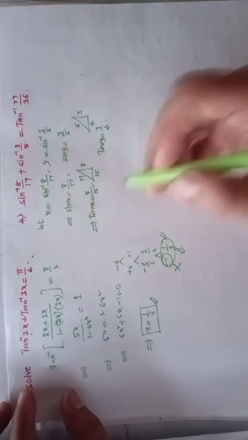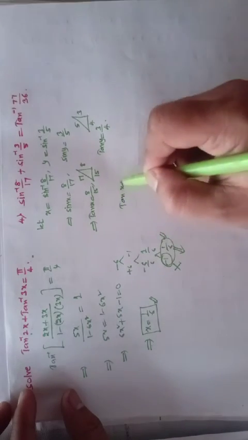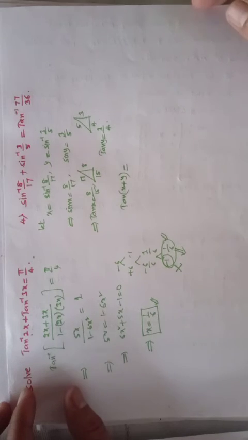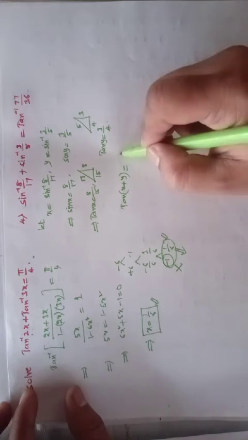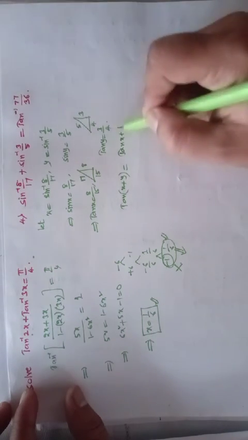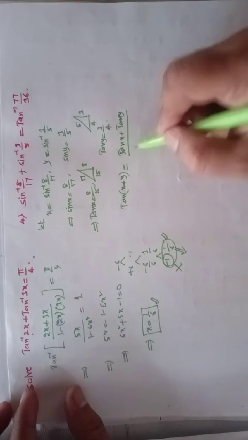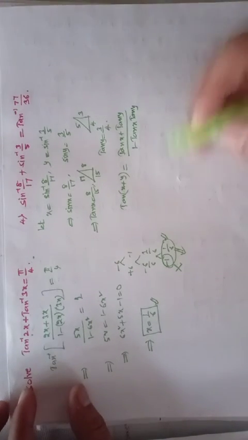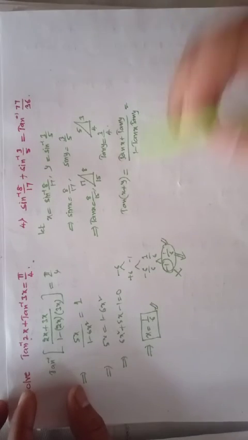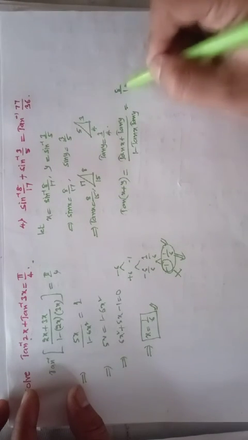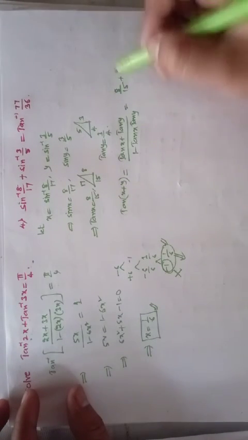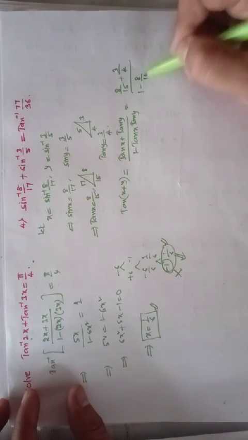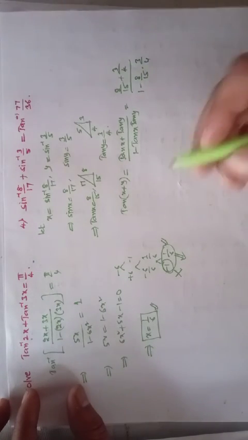Then write tan of x plus y, which is tan x plus tan y by 1 minus tan x tan y. Then tan x is 8 by 15 plus tan y is 3 by 4, by 1 minus 8 by 15 times 3 by 4.